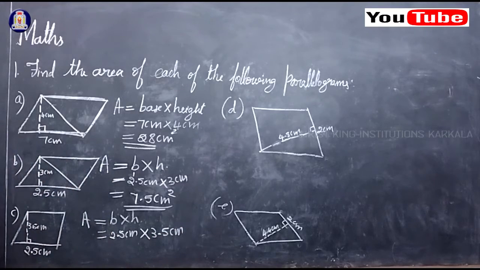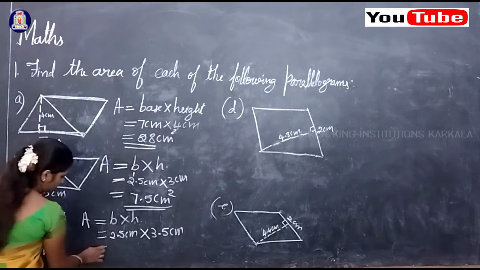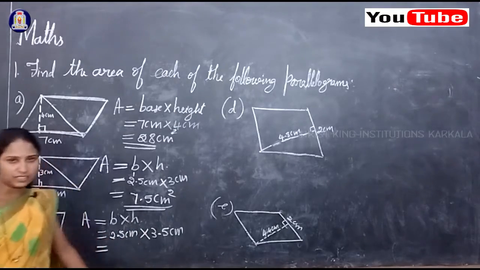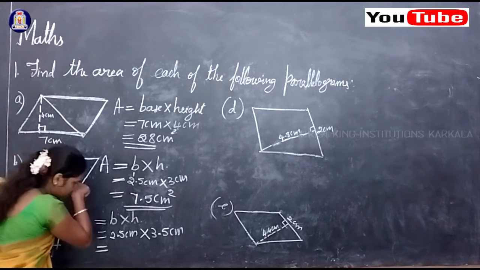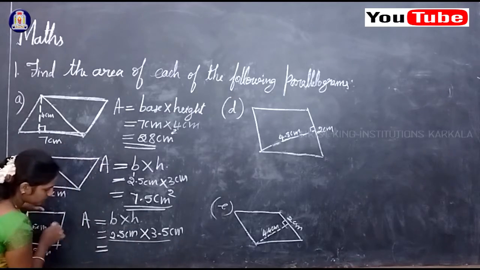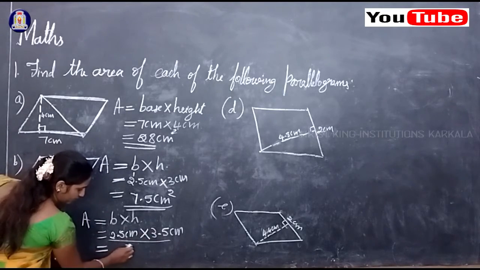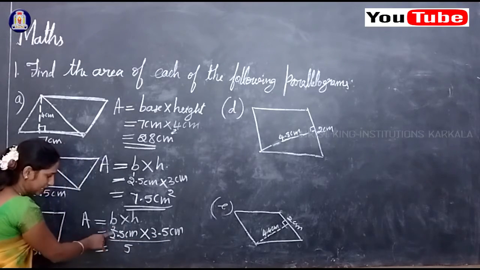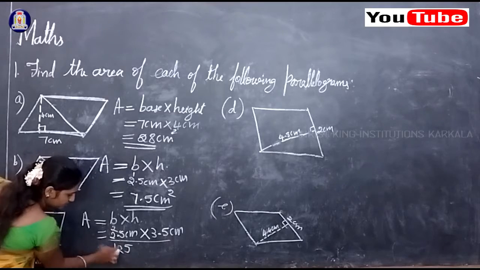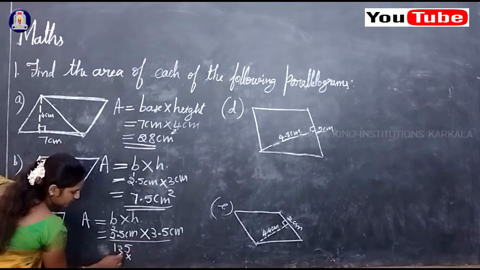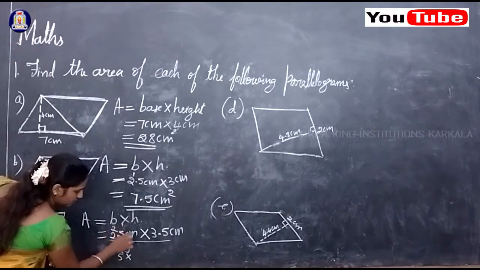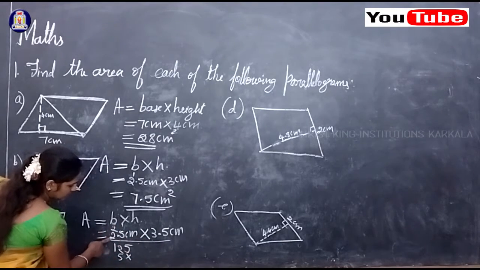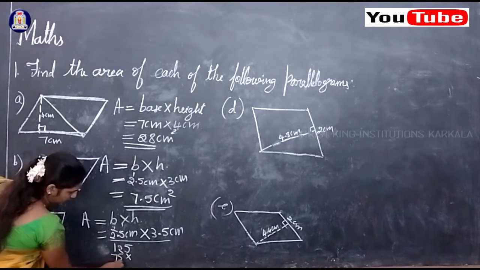If we multiply this, actually this is 25 into 35, meaning 2.5 into 3.5. If I multiply, 5 5s are 25, 2 remaining, 5 2s are 10, 10 plus 2, 12. Now 3 5s are 15, 1 remaining, 3 2s are 6, 6 plus 1, 7.